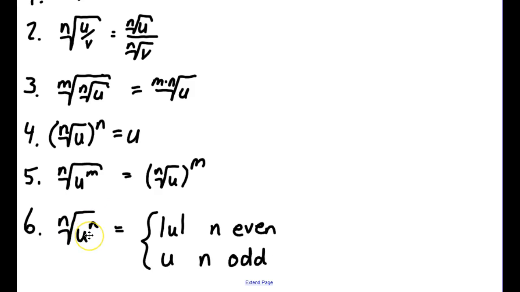This would have to be an absolute value because in that condition we could not take the nth root of a negative number if this index is even. We can't take an even index of a negative number. That's why we have this absolute value condition.